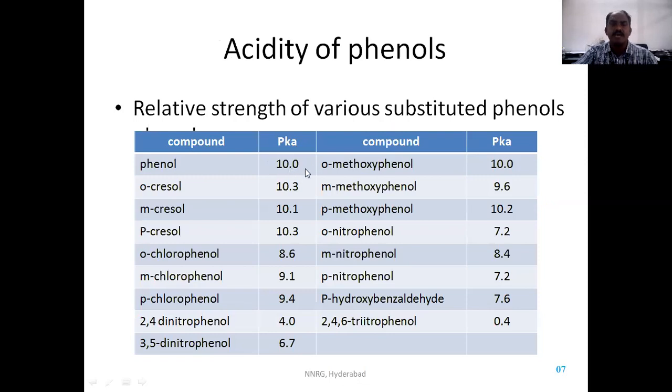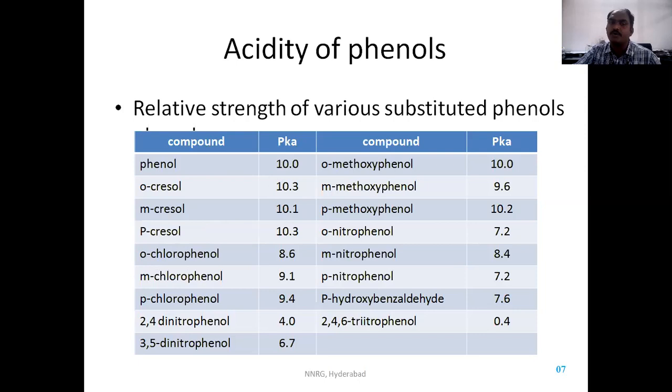We'll see the relative strength of various substituted phenols here. Phenol has a pK value of 10. For cresol, the methyl group at ortho, the pK value increases, meaning the acidity decreases. Metacresol and phenol are almost similar, 10.1 and 10.0. When you see an electron withdrawing group like chloro group, we know that chlorines are electron withdrawing and ortho-para directors.